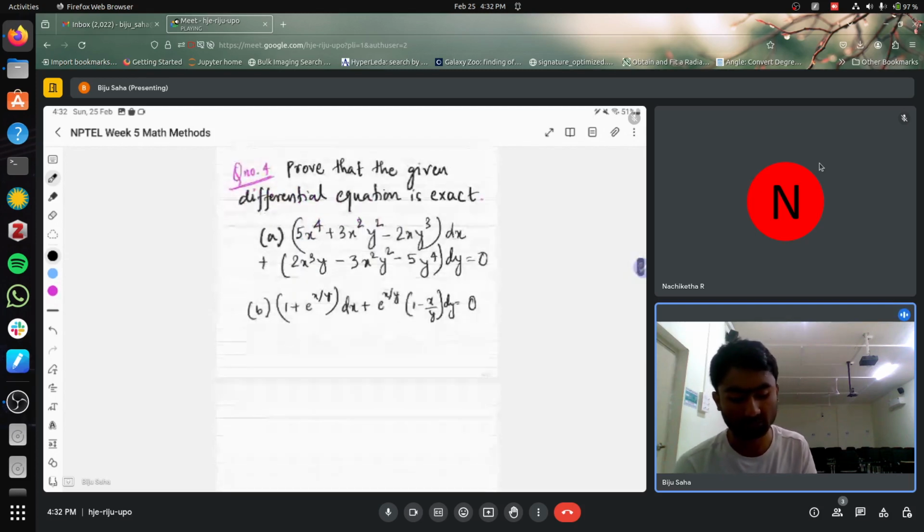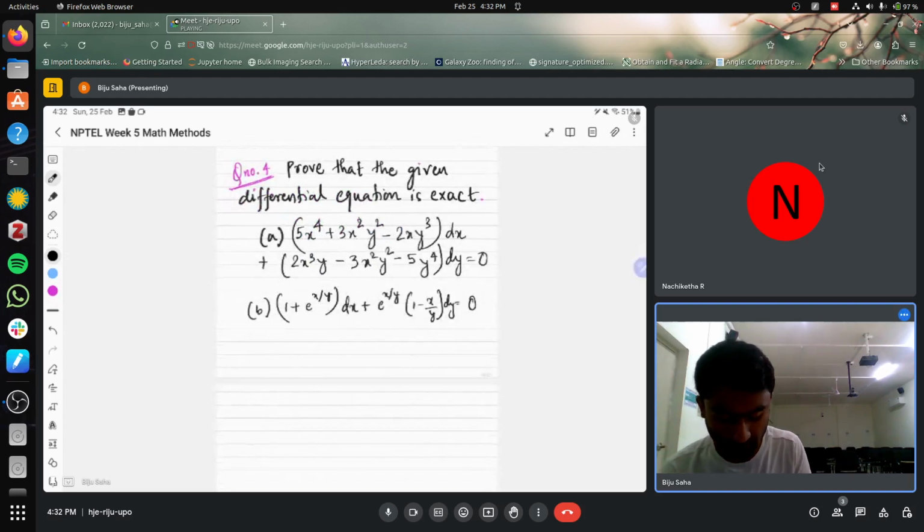Let us check whether the given differential equation is exact or not.